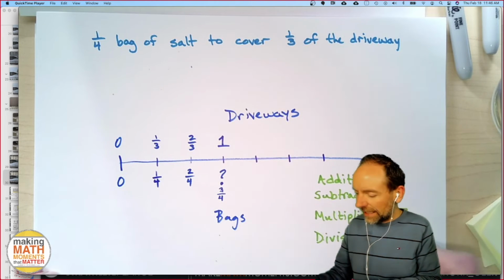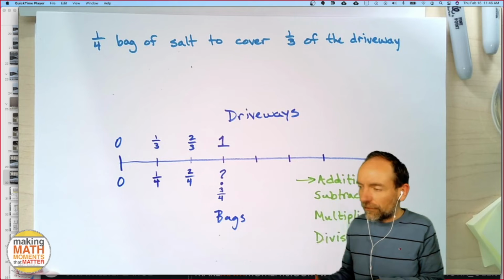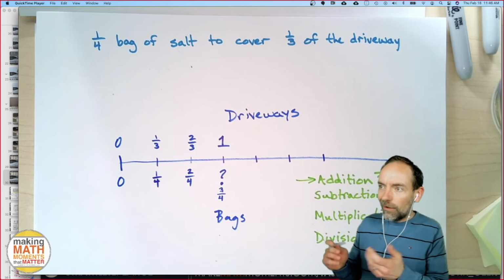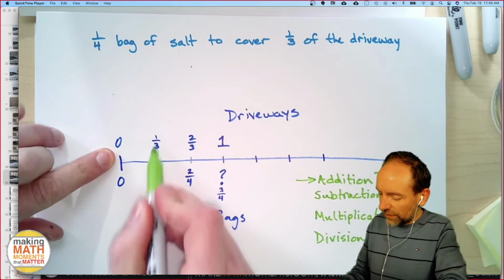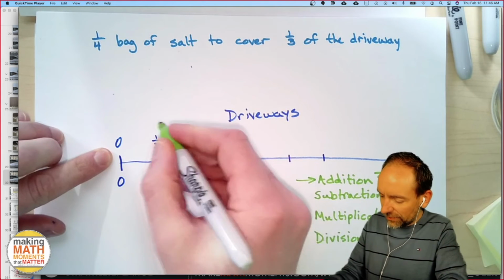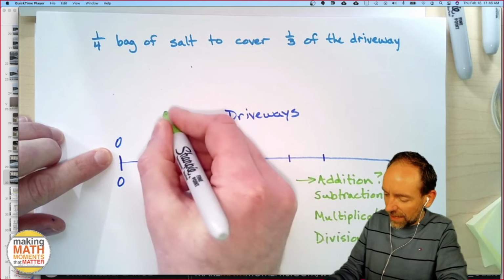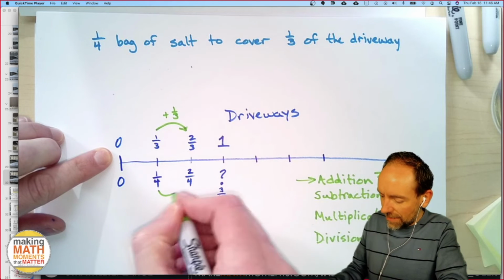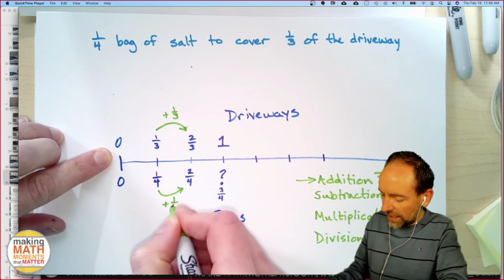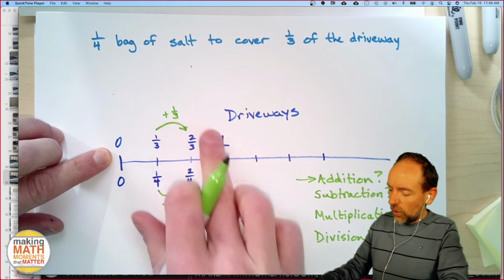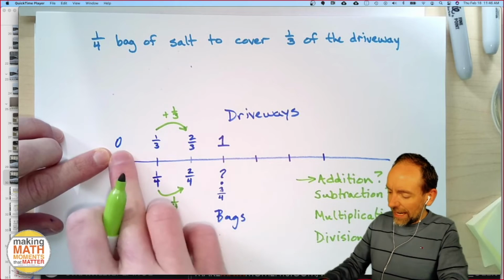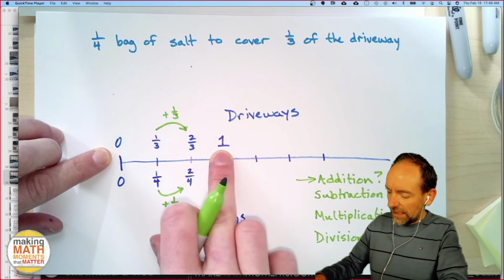But if I approached it through addition for my strategy, what I might consider doing is, well, I knew that it was 1/3 of the driveway and 1/4. So I could literally just be adding every time. I'm adding 1/3. I'm adding 1/4. So I would argue that, yeah, it could be addition. Some people might have started at a whole driveway, the whole driveway we needed, right?